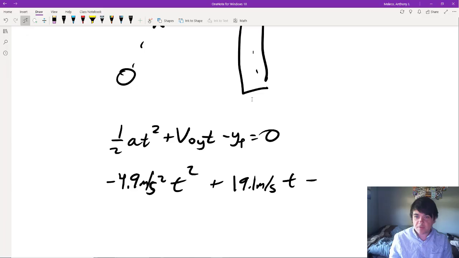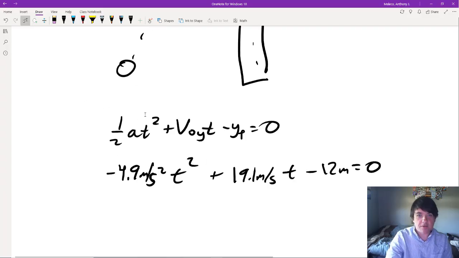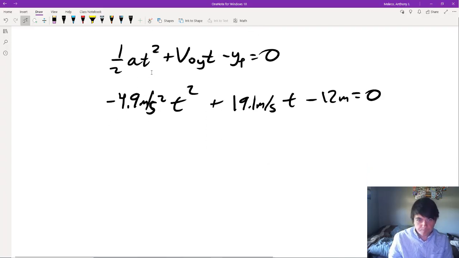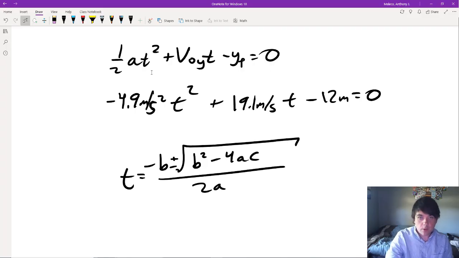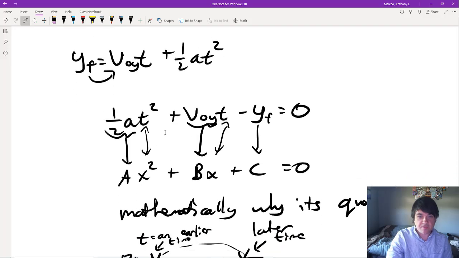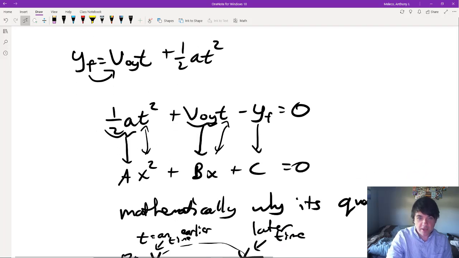And then this was minus 12. So if you plug this into the quadratic formula, t equals minus b plus or minus the square root of b squared minus 4ac over 2a, where a, b, and c were 1/2 a, v naught y, and y final.